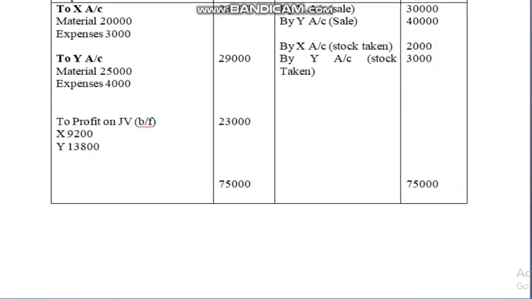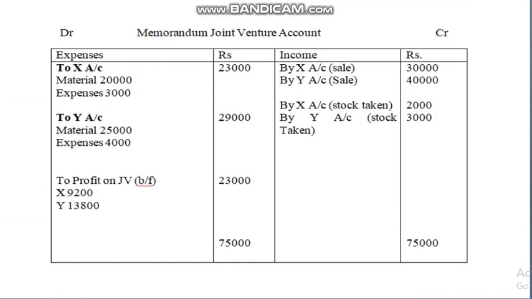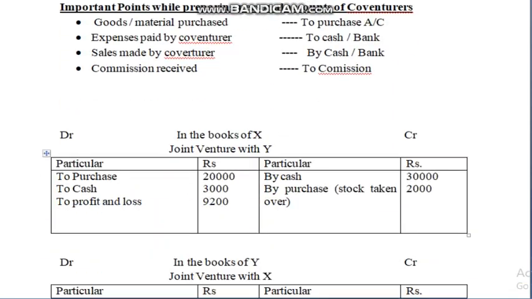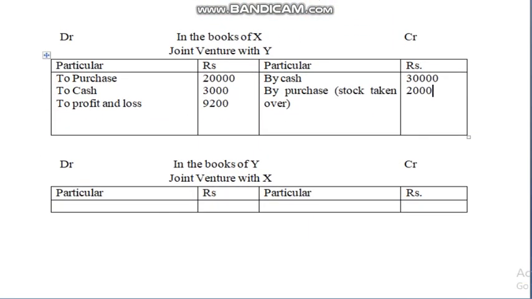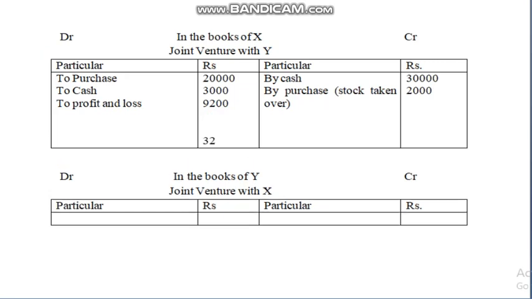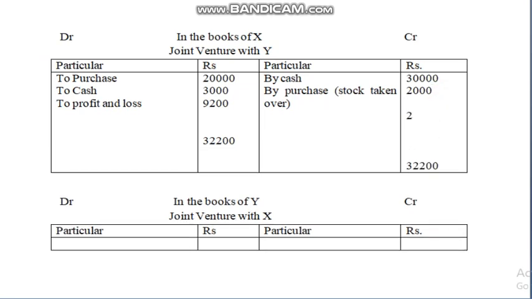Now all the transactions relating to X are over. Now make the balance of the X account. The debit side is more than the credit side. So 32,200 on both sides. The balance figure will be 200.